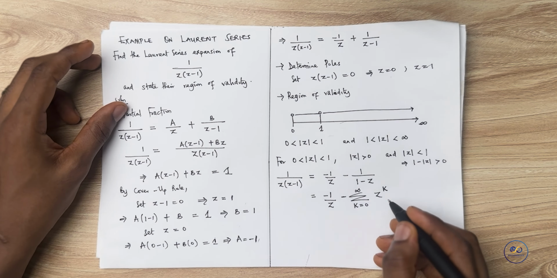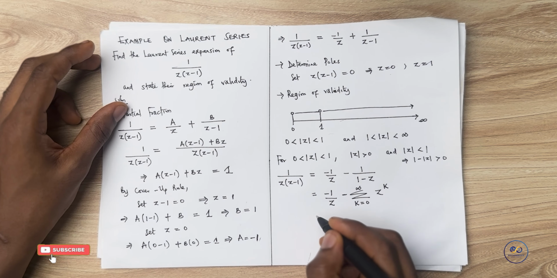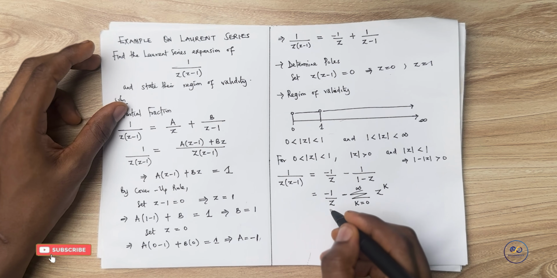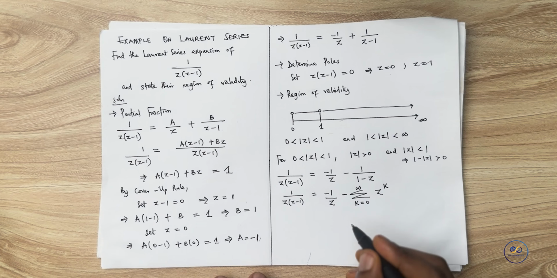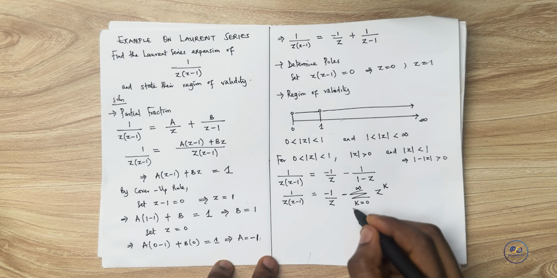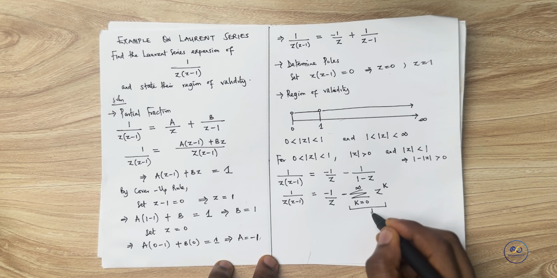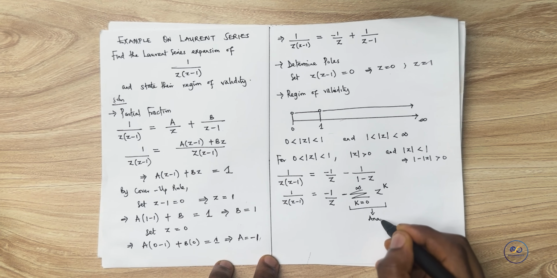And then you could decide to combine this. So from here, you would have that, of course, this is a representation of 1 divided by z into z minus 1 for the region 0 less than absolute value of z less than 1. Now, what you notice is from here, you would see that immediately this part will be the analytic part, and then this part will be the only member of the principal part.